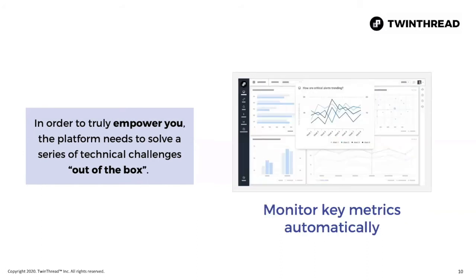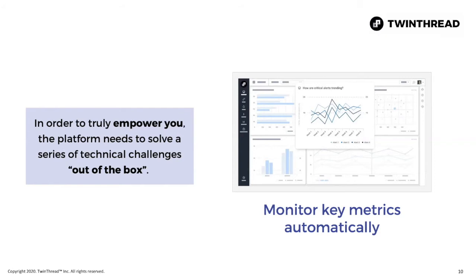And then another thing the platform has to do out of the box is give you a way of monitoring, first defining the key metrics, and also monitoring those key metrics automatically. You can imagine our largest customer has several 100,000 assets, and they're able to really monitor the performance of those assets using only, let's say, 2.5 full-time equivalent resources.